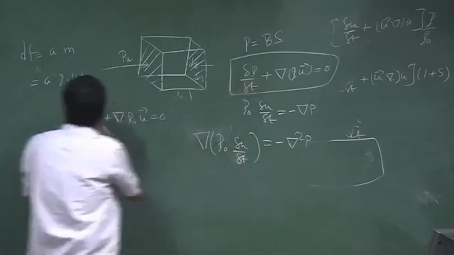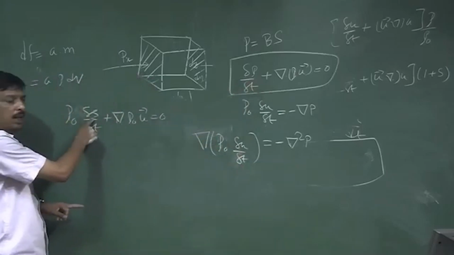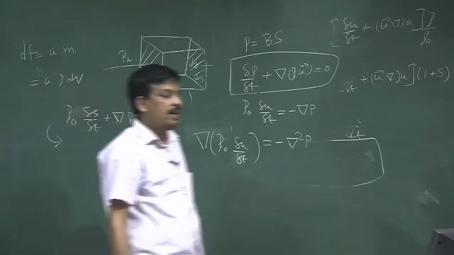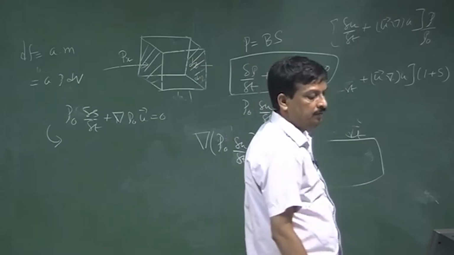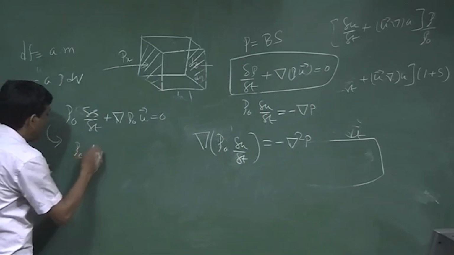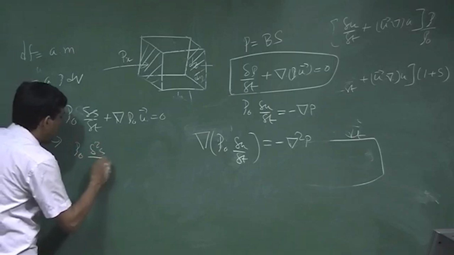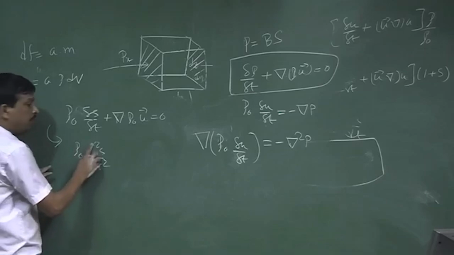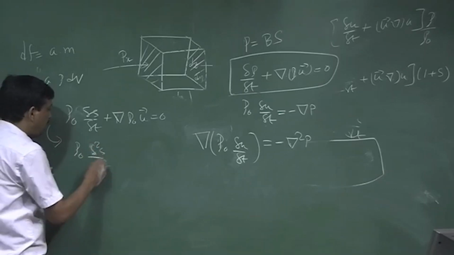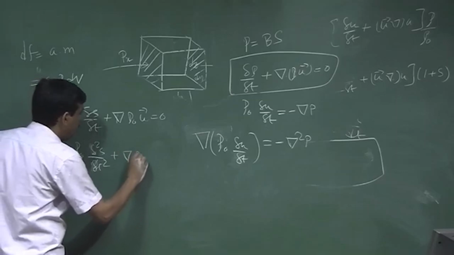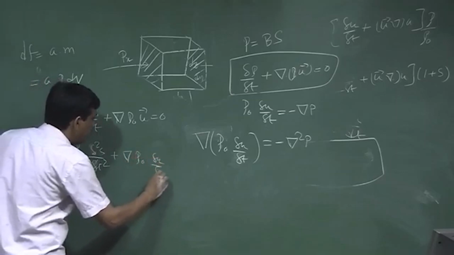Instead of rho, I use the term condensation. Okay. Now, if I take the time derivative of this equation, what will I get? I just take the time derivative of this equation, on both sides. So, I get rho 0 del square s by del t square plus rho 0 del u by del t is equal to 0.